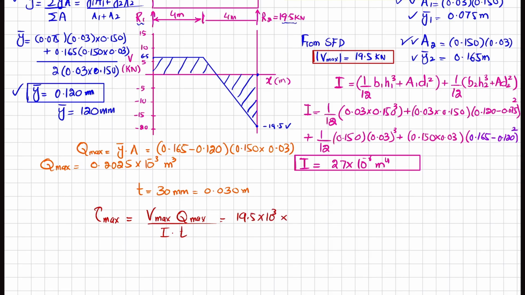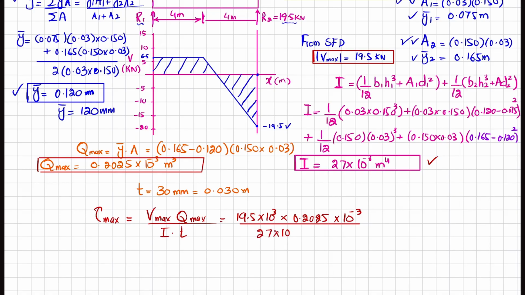What is Q max? So Q max is this one, which is 0.2025 into 10 raised to power minus 3, divided by I, and the value of I is 27 into 10 to the power minus 6, and thickness is 0.030 meter. So when you solve this, you will get 4.88 megapascal.